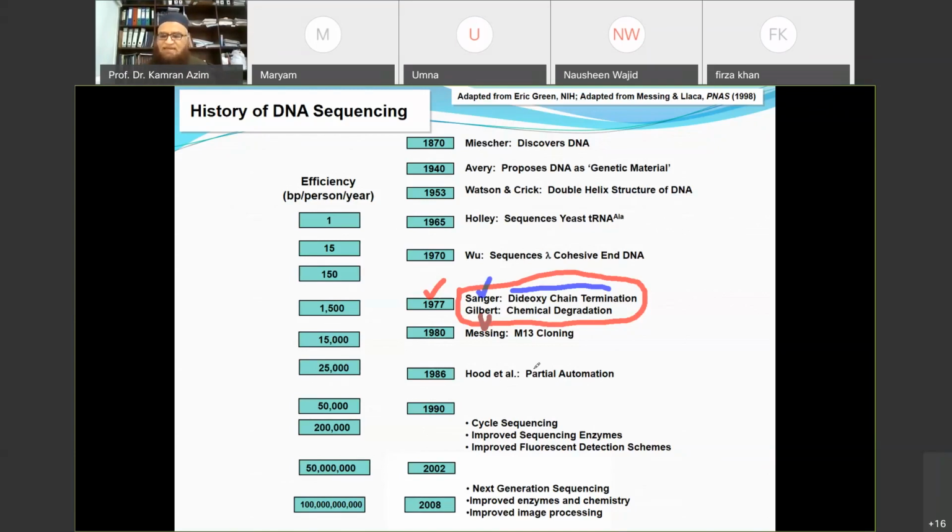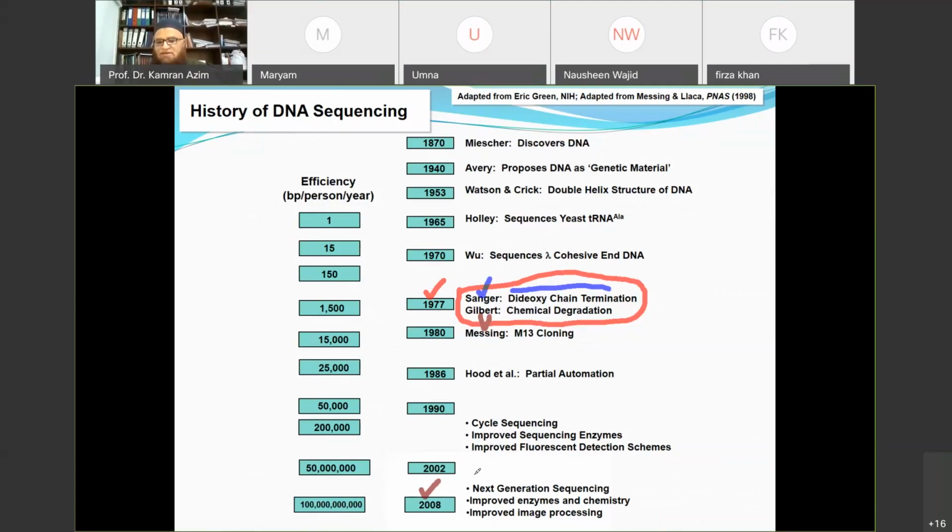From 1977 up to 2007, for 30 years, the Sanger DNA sequencing method was used for DNA sequencing.